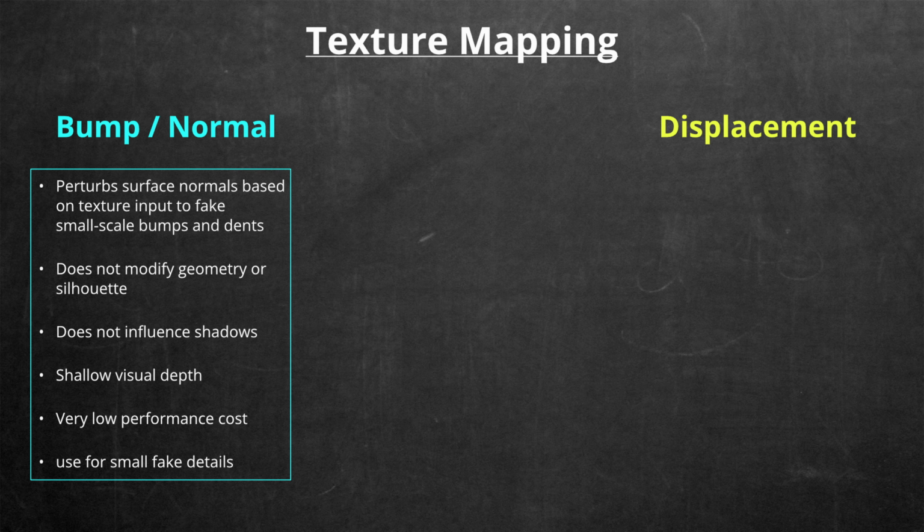But it does not modify the geometry or the silhouette of your model, and it also does not influence the shadows. It only provides a very shallow visual depth, but it has a very low performance cost, and it's great to use for small fake details.